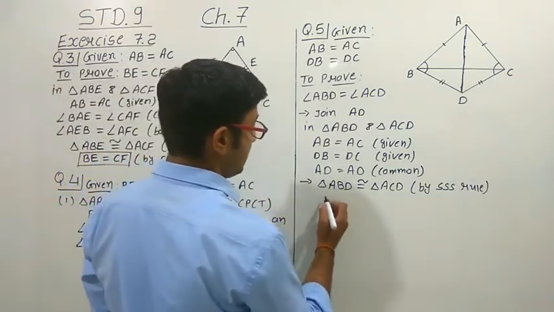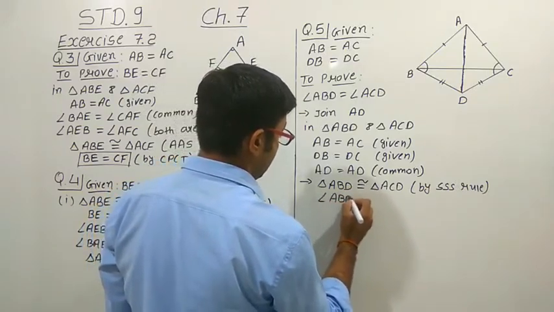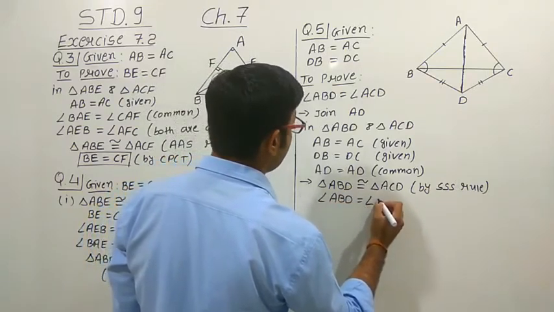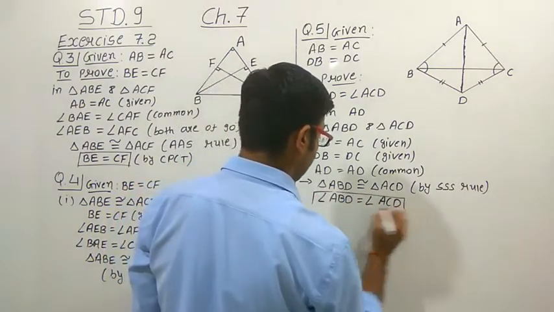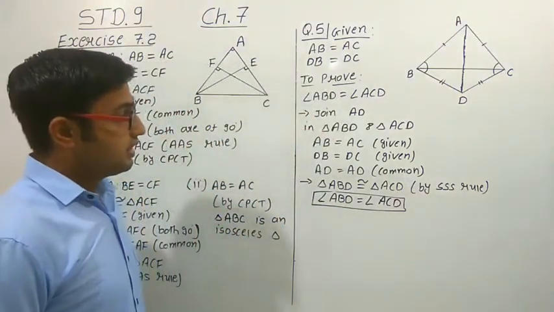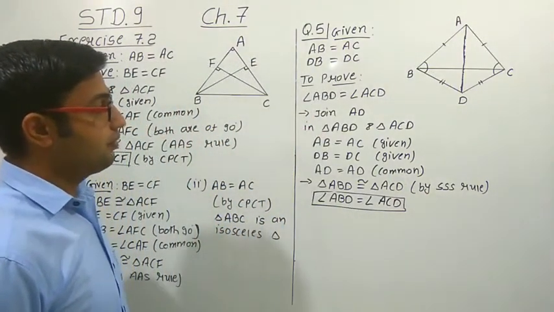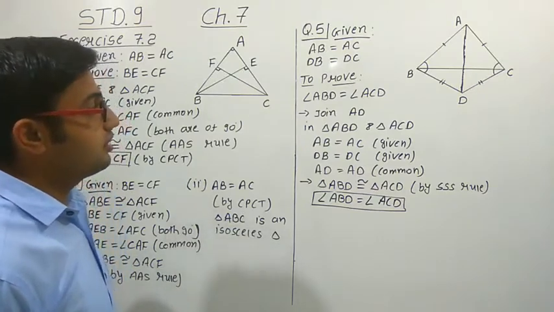So by CPCT, now we can say that angle ABD is equal to angle ACD. This is the required condition that we have to prove. Is there any other method by which we can prove this? Yes, there is another method.